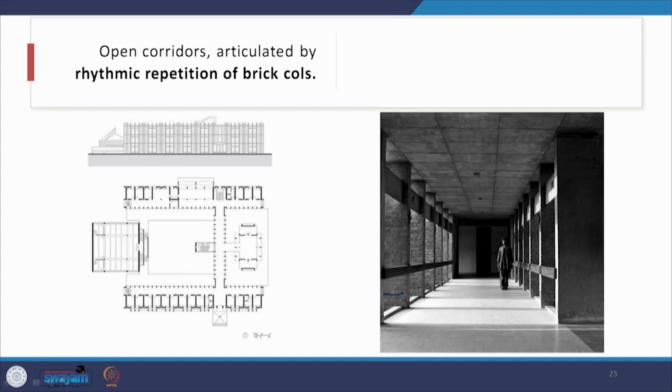So this has got deep piers on either side. When you run through the connecting corridor here, it is cut off from direct glare of the sun, and the open corridors are articulated by this rhythmic repetition of brick columns in the corridors or verandas here and the connecting corridor.